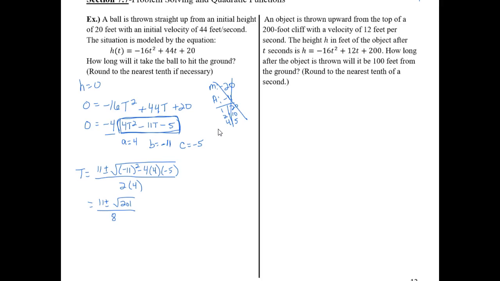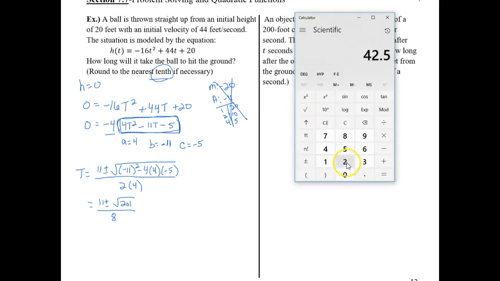Now from there, it says to round to the nearest tenth. So I'm going to go ahead and get out my calculator. I'm going to do 201, take the square root of that. I'm going to take the positive square root first, and then add 11, and then divide by 8. So approximately 3.1 when we round to the tenths.